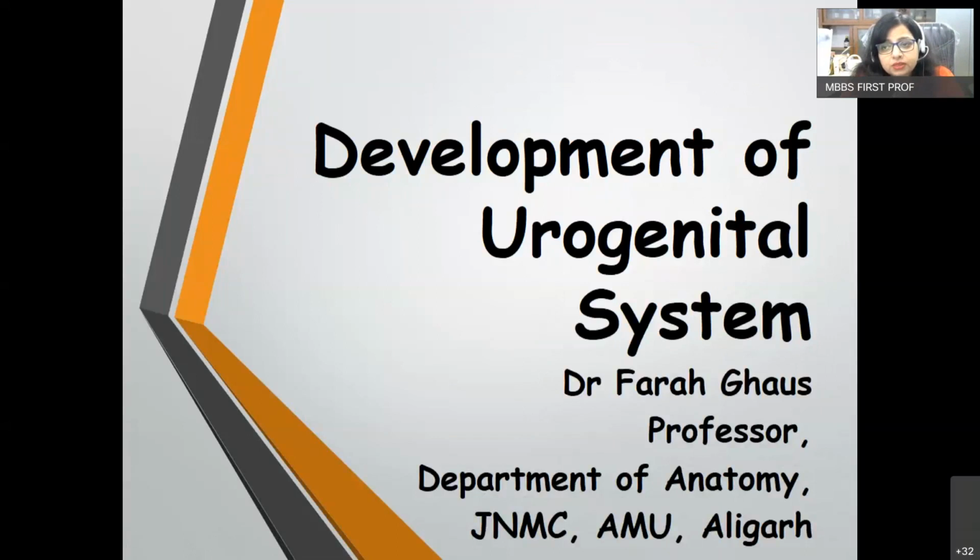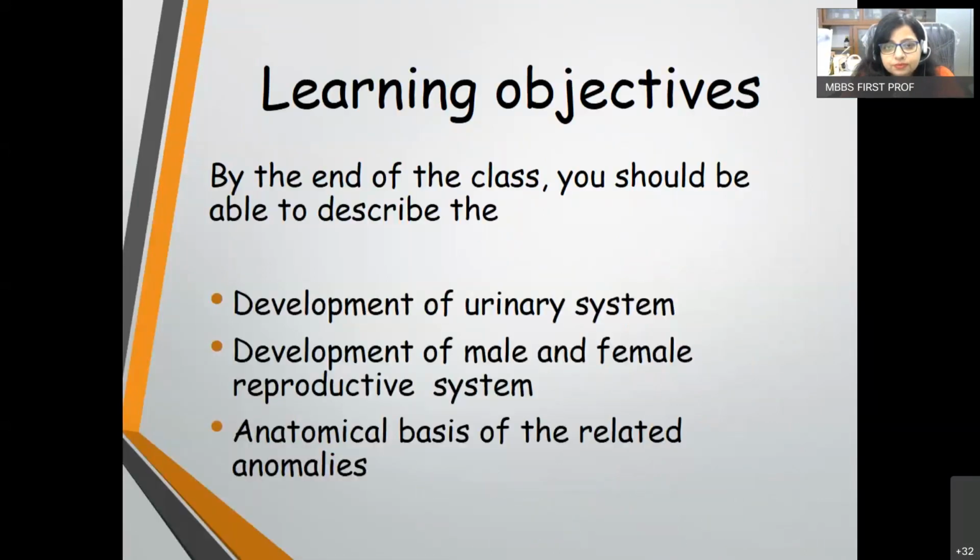As it is a long topic, I think we'll cover it in 2 turns, but this presentation is as a whole. So by the end of the class, you should be able to describe the development of urinary system that includes kidney, ureter, bladder, prostate, and the development of male and female reproductive system, along with the anatomical basis of the related anomalies.